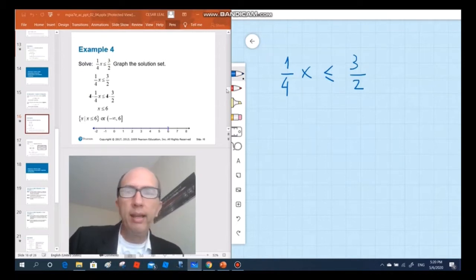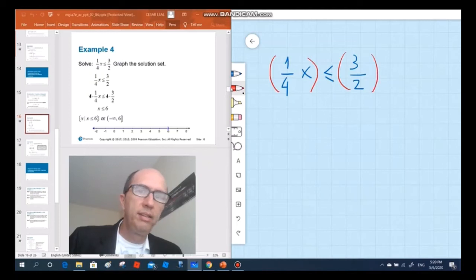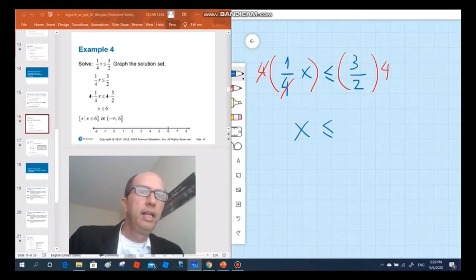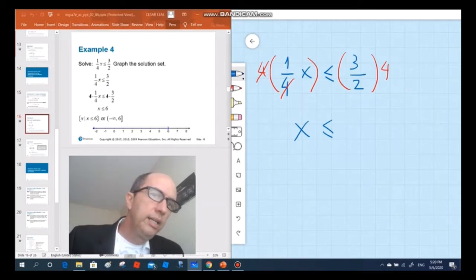So multiply both sides by 4, because we want to simplify here, right? Then we're going to have x less or equal than, simplify, divide 4 by 2, 3 times 2, 6.